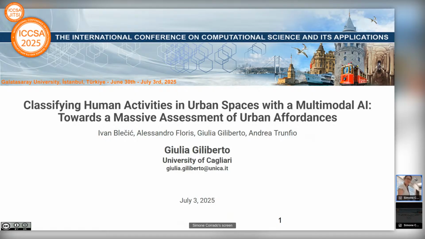Thank you, Professor Arsch. I'm Giulia Gilberto, and I'm a PhD student at the University of Cagliari, supervised by Professor Ivan Blecic, who is here and who is a co-author. Our research project is titled Classifying Human Activities in Urban Spaces with a Multimodal AI towards a Massive Assessment of Urban Affordances.